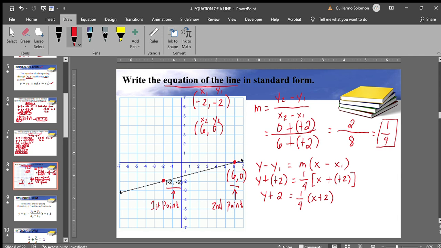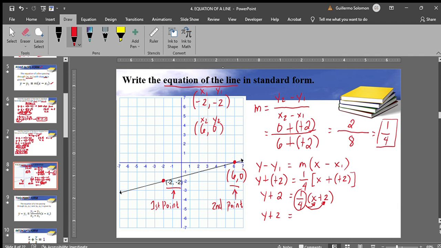Next, after this one, okay, distribute 1/4 sa entire binomial. So, rewrite lang natin to. Y plus 2, itong 1/4 na equals, itong 1/4 na to, distribute natin siya sa x and positive 2. Okay?